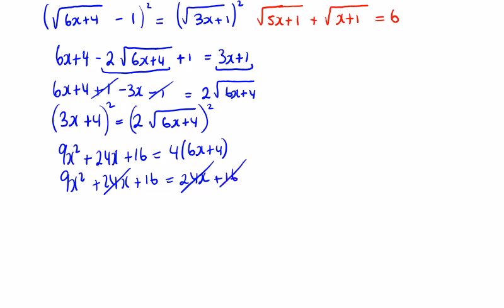Well, another cancellation there. So in fact, in this case, we're left with 9x squared is equal to 0. So x has to be 0.